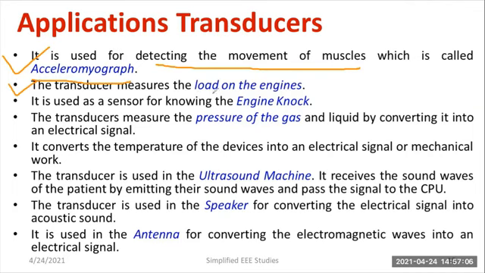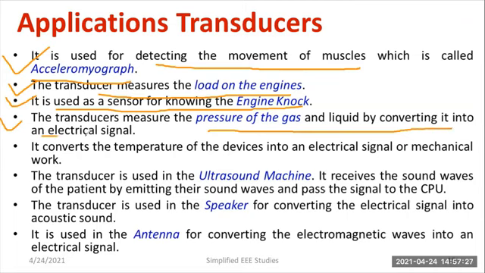Then in the case of engines, the transducer measures the load on the engines. Load bearing capacity will be measured. Similarly, it is usually used in the field of automobiles to check the engine knock. Similarly, a transducer measures the pressure of gas and liquid by converting it into an electrical signal.